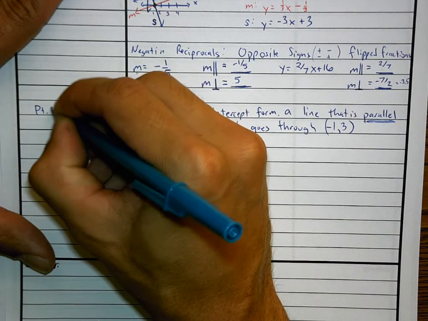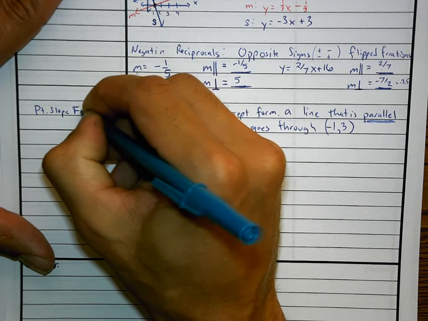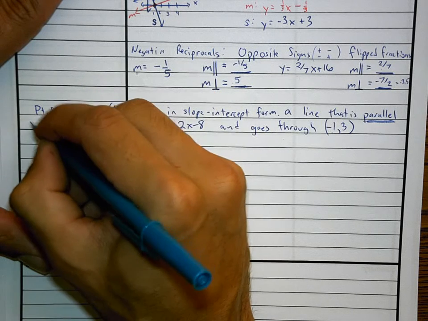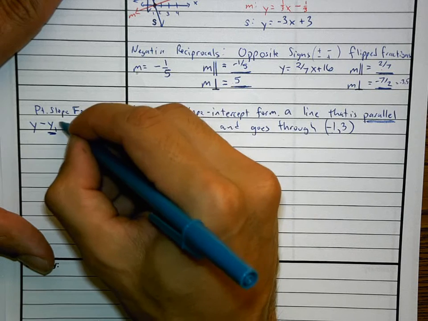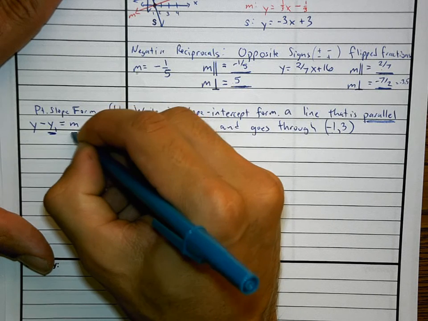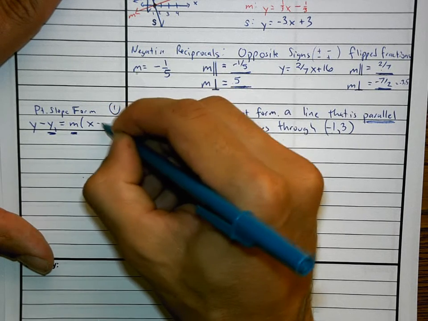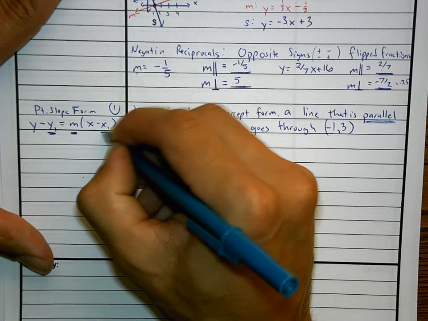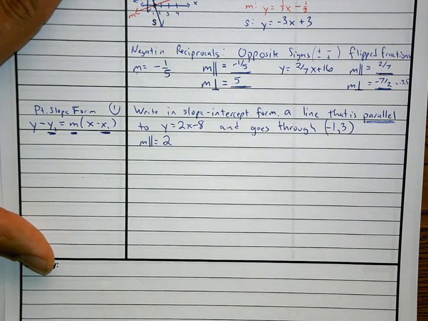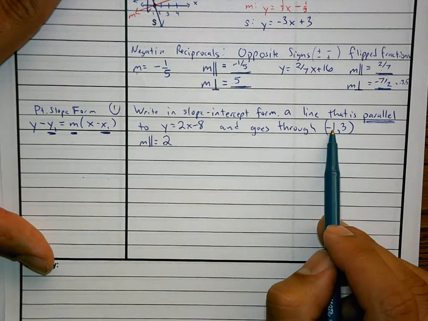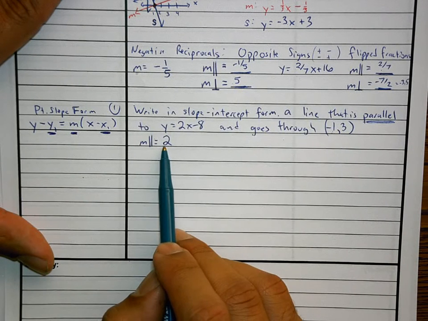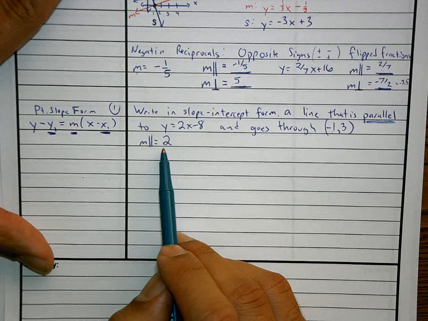Point slope form, just in case you forgot it. y minus y1 equals m, x minus x1. I recommend that you use this with this x, this y, and your new, well, I guess it's the same slope as your parallel line.